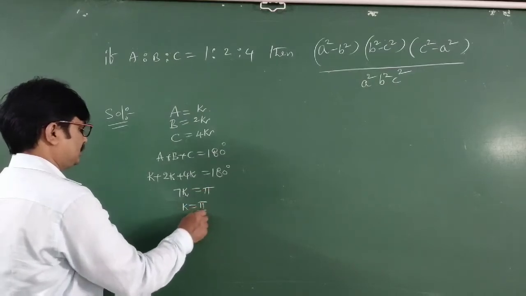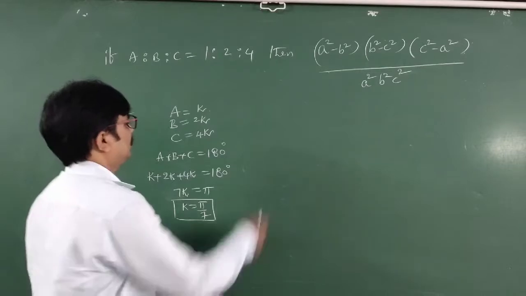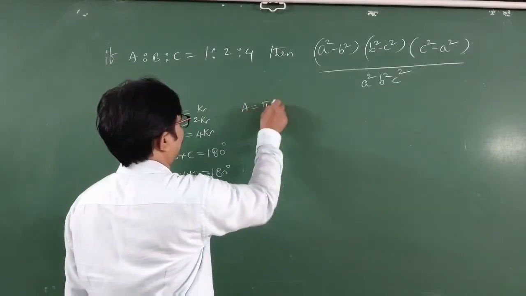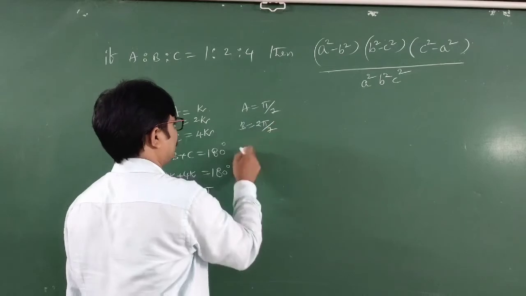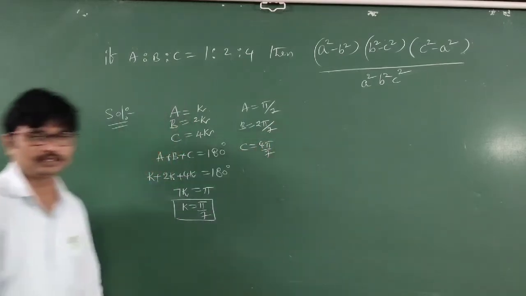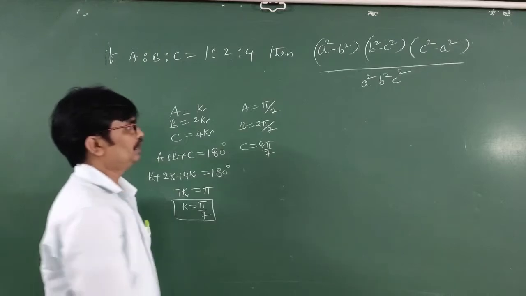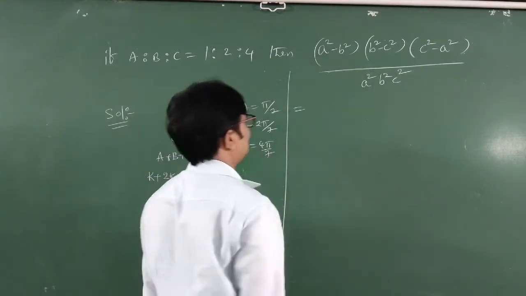So k is pi by 7. My dear students, now A is pi by 7, B is 2 pi by 7, C is 4 pi by 7.